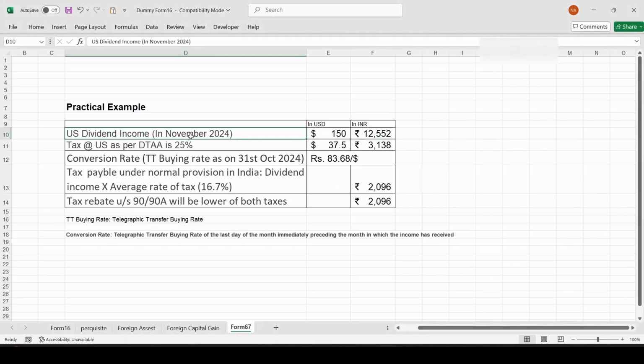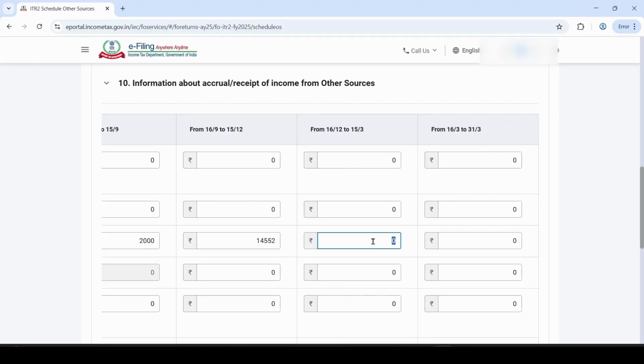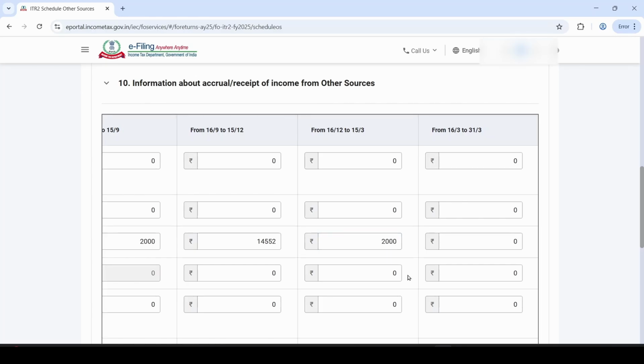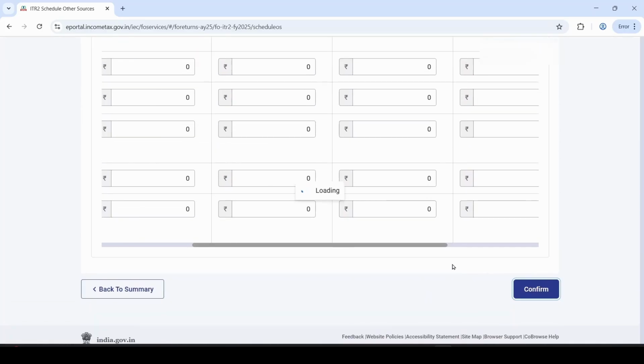My foreign dividend received in month of November is 12,552, plus Indian dividend of 2,000. So total will be 14,552. And in fourth quarter I have received Indian dividend of 2,000. Sum of this dividend should be matched with our gross dividend income. Now click on confirm.